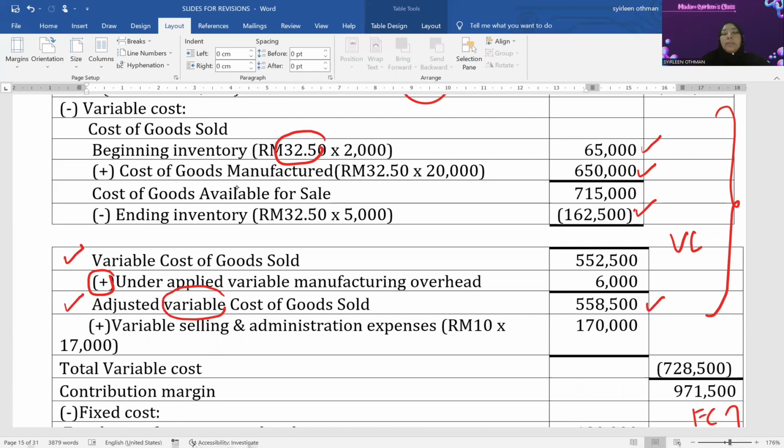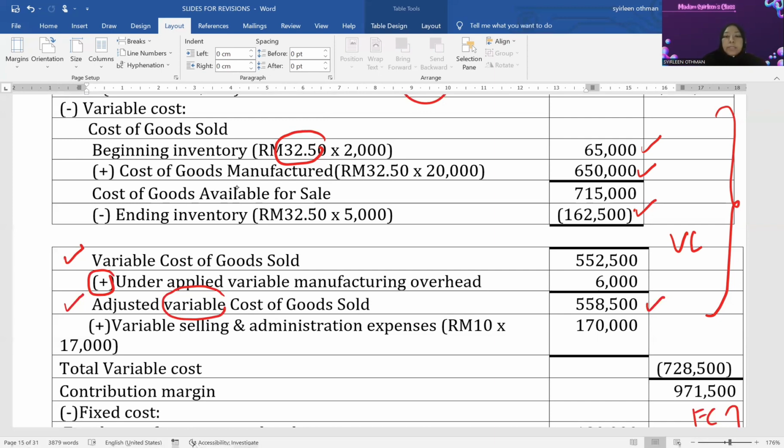So variable selling and admin ni dia walaupun perbelanjaan yang berlaku dalam jualan, tapi kita tak letakkan dia di bawah macam absorption sebab dalam marginal kita akan kira jumlah variable di atas, lepas tu kita akan minus dengan fixed cost di bawah. Alright, so I got my variable selling and admin just now, 10 ringgit multiplied by 17,000 unit.